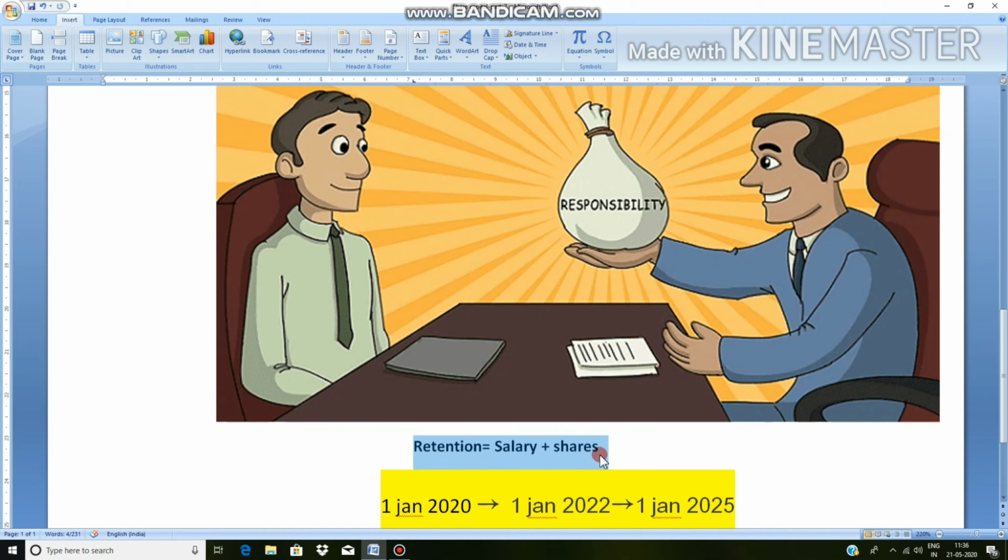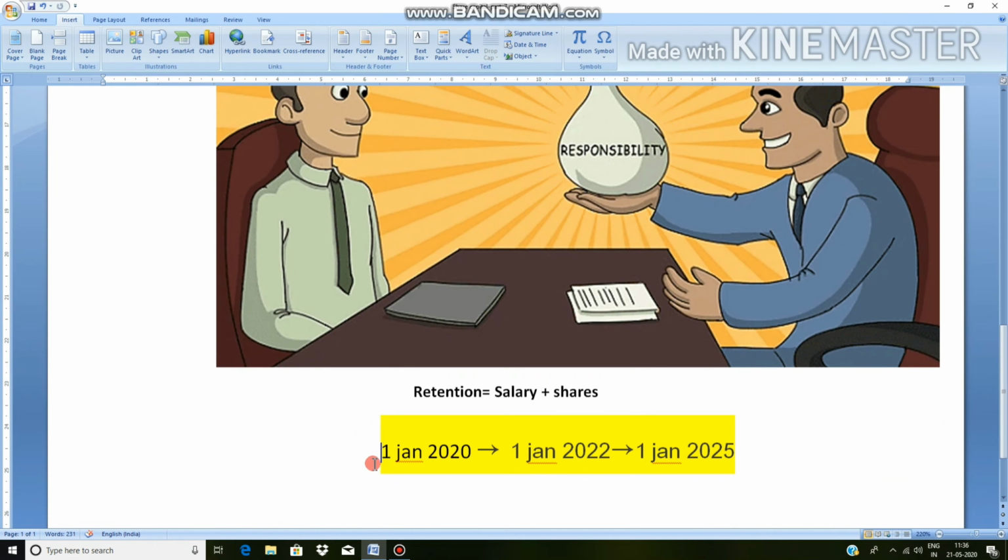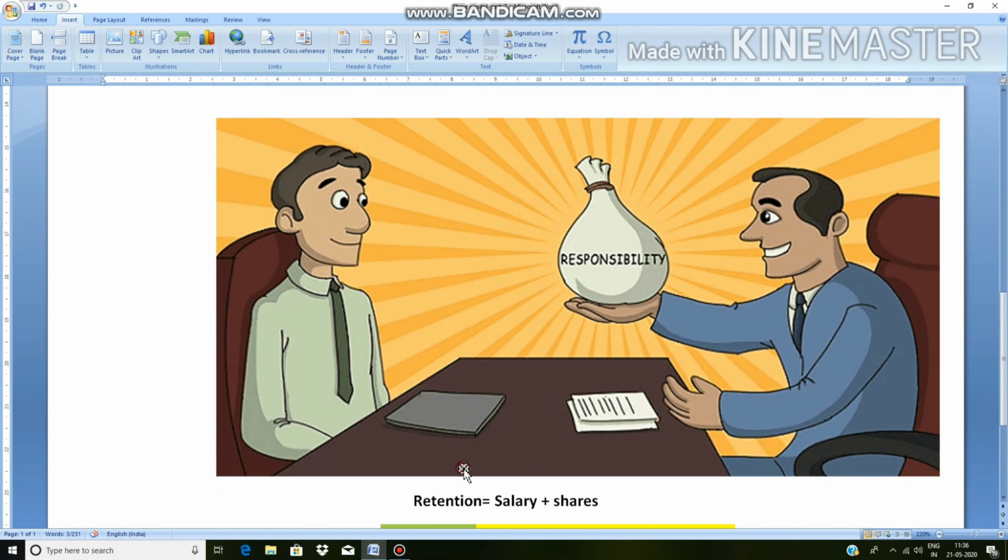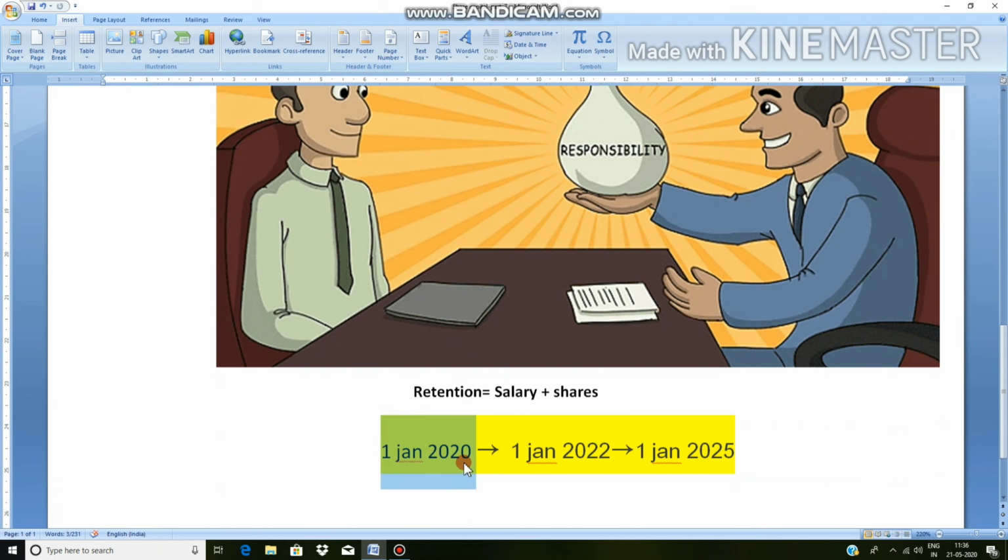Suppose you joined a company on 1st January 2020. It is the date of joining, and after 2 years of service the company offers a grant letter, that is on 1st January 2022.